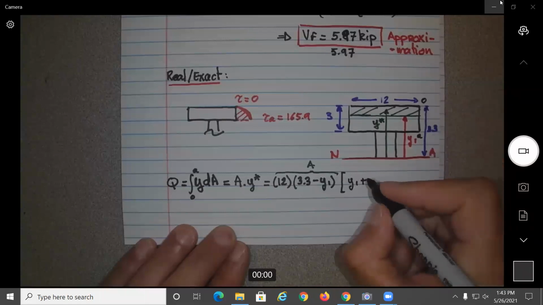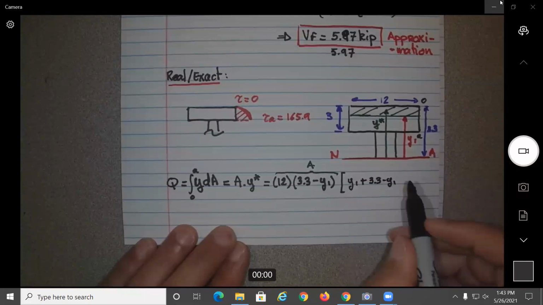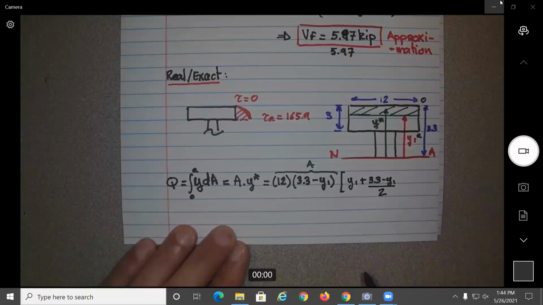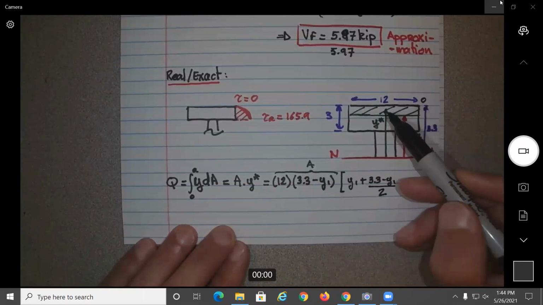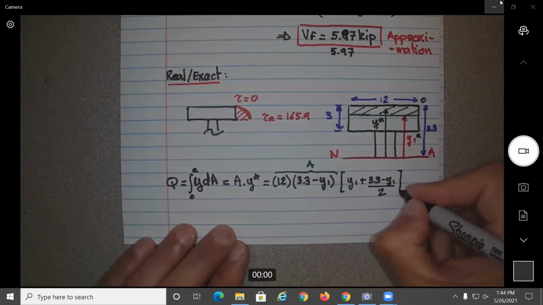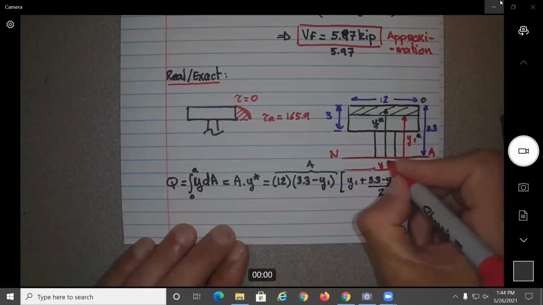And we know this one is 3.3 minus y sub 1, and we just take half of it. All right? So this is the same as here. This is this height over here, we take half of it. That's the only thing I've done. Okay? And this will be the y star.